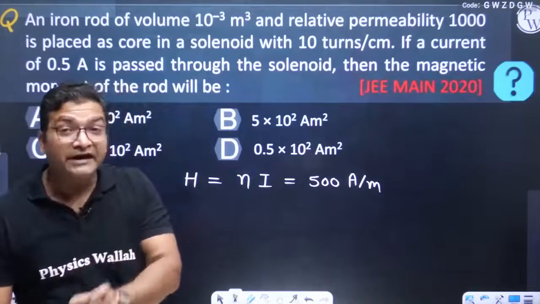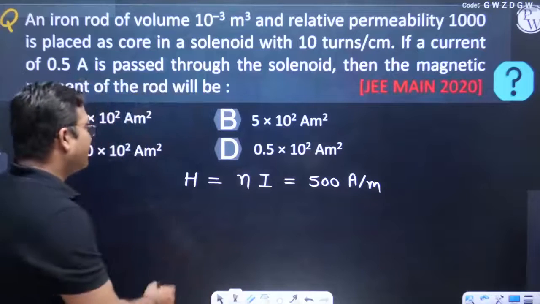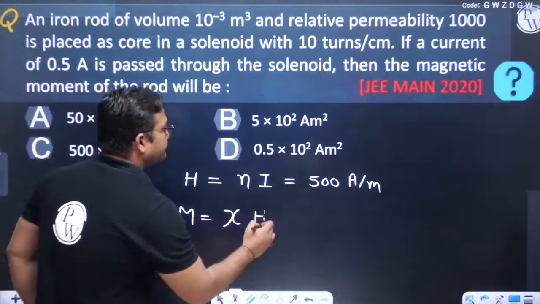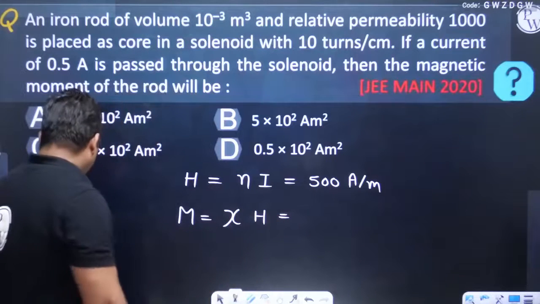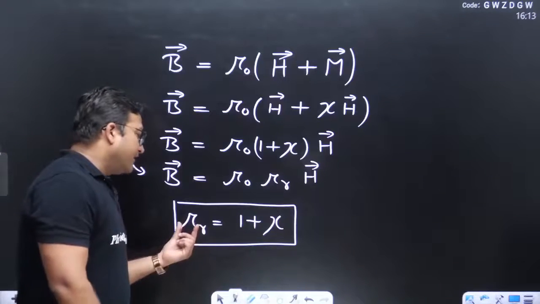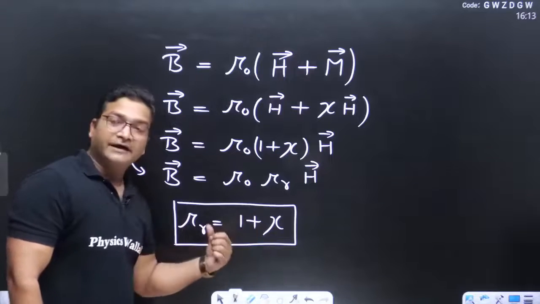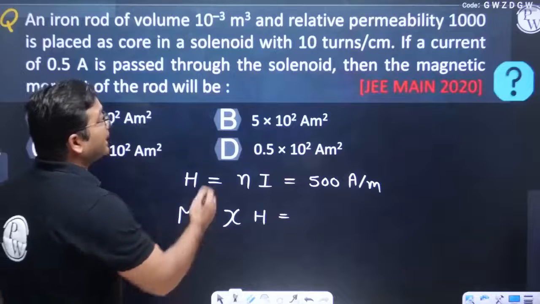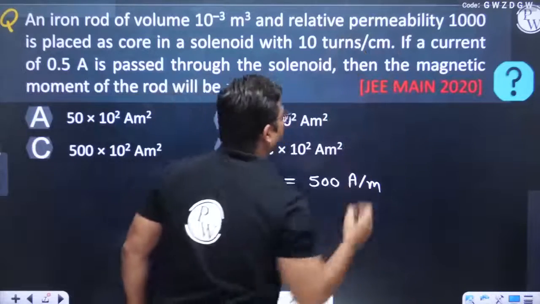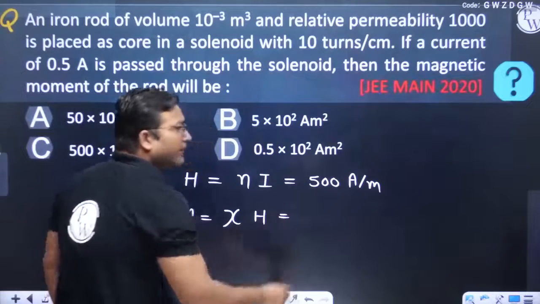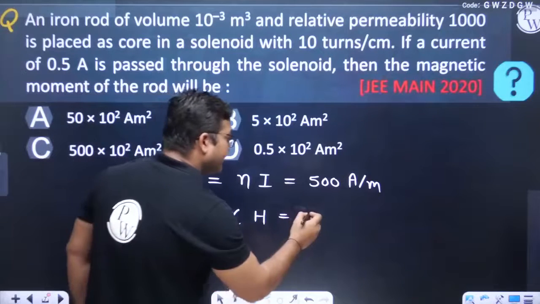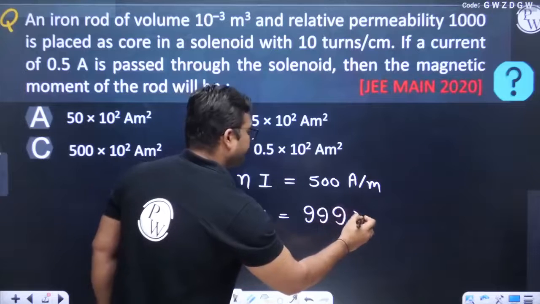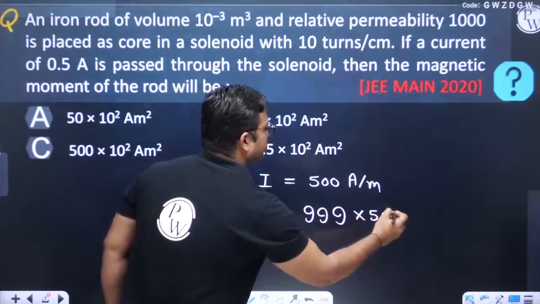This H creates magnetization, and magnetization is equal to chi times H. What is chi? I think you remember, relative permeability equals 1 plus chi. So chi is mu r minus 1. As we are given the relative permeability as 1000, we have chi as 1000 minus 1, that is 999, times H. H is 500.